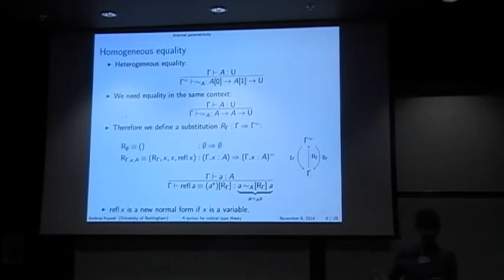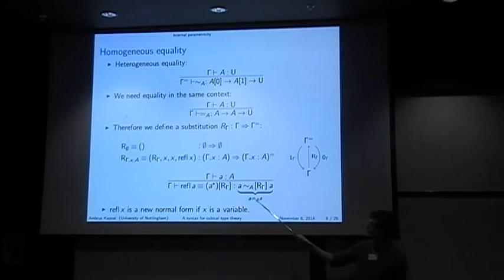So this is how we define this homogeneous equality, and we just abbreviate equals on A by this construction. Here again, this R substitution is applied to tilde A, to this relation. Okay.